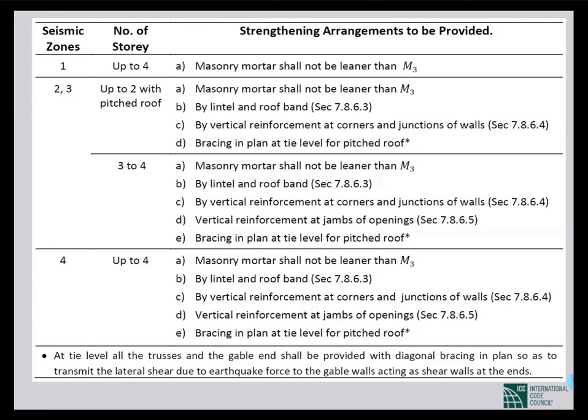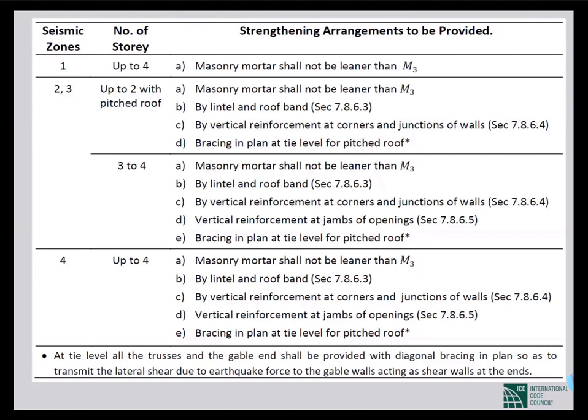For seismic zone 1, we don't have to use any band, that is reinforced concrete sections. But for strengthening purposes, for seismic zones 2, 3, and 4, we have to use lintel and roof bands. Vertical reinforcement has to be used at every corner and junction of walls. Bracing in plan at tie level for pitched roof. For the pitched roof, at the tie level, we have to use bracing.